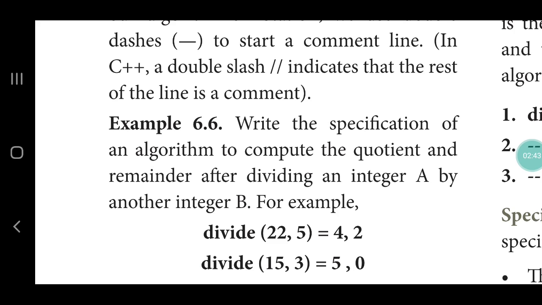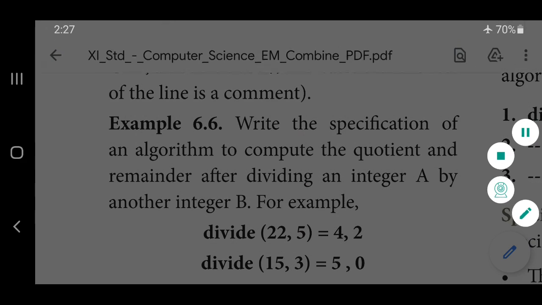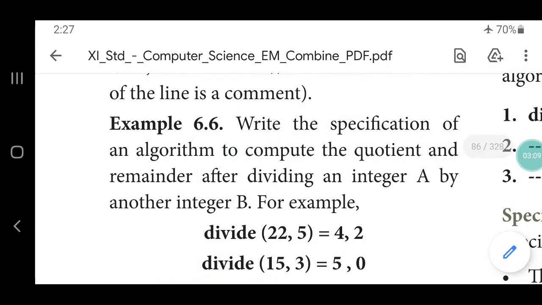For example, divide (22, 5): the quotient will be 4 and the remainder will be 2. And for (15, 3), that is 15 divided by 3, the quotient will be 5 and the remainder will be 0.